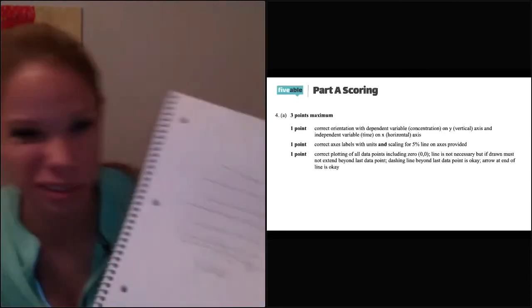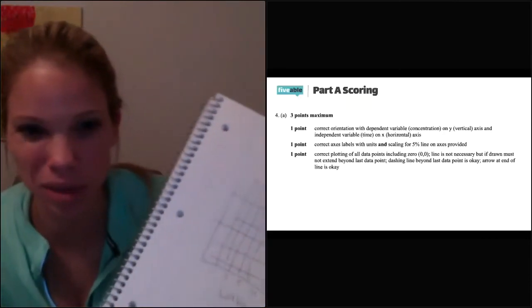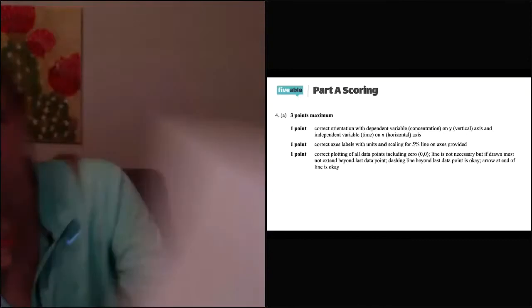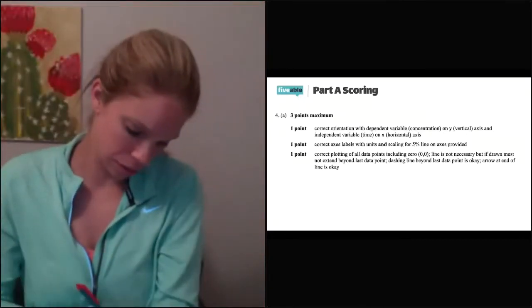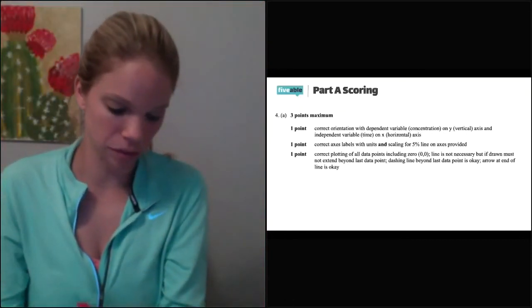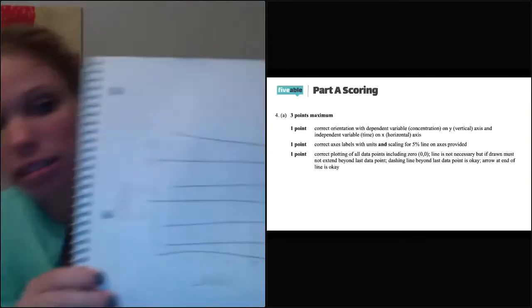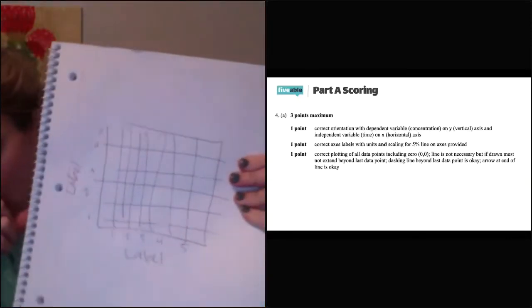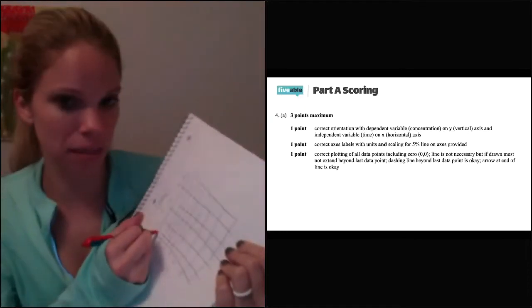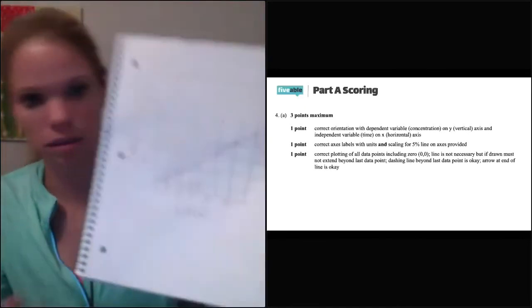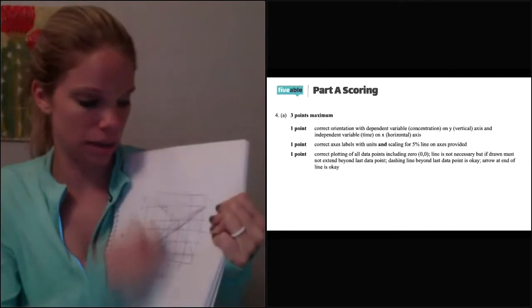I know this is backwards. I'm sorry, that's why I'm not bothering to draw the real thing. So you've got to label it. Then you've got to do some units like 1, 2, 3, 4, 5 up here, and label with units on the side. And then you've got to draw what's actually happening. Is the line going up? Is the line going down?